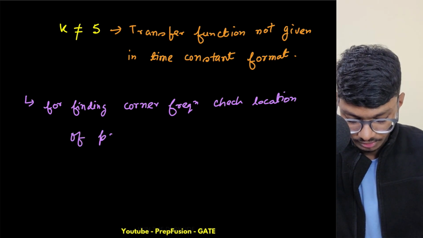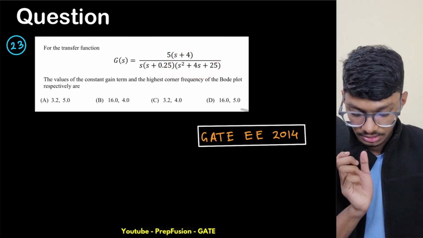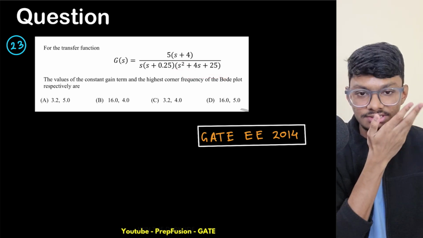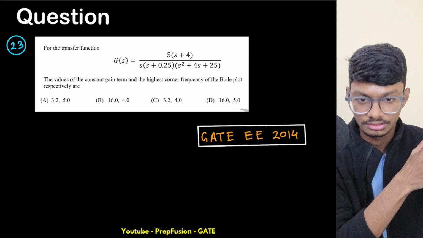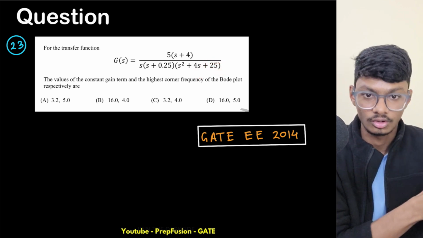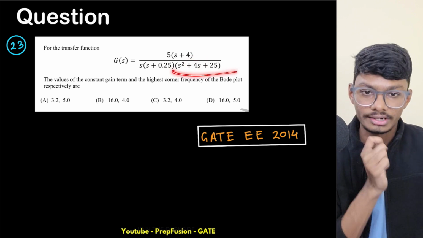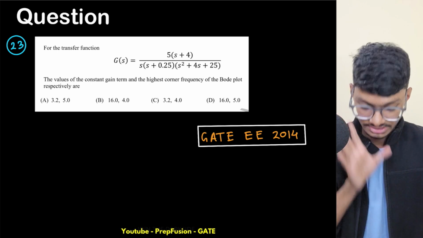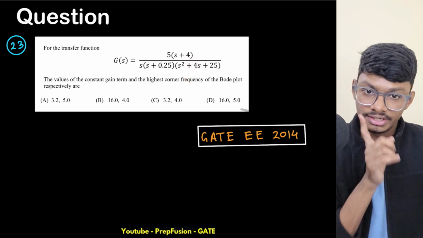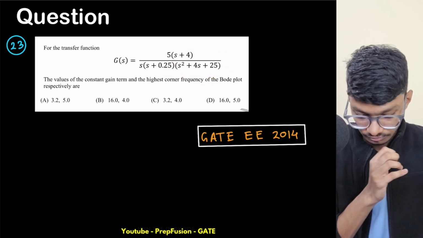Whenever this type of format is given, like s square plus a s plus some constant number, you always check whether the roots are complex conjugate or not. How do you check that? Basically you check the discriminant of this quadratic equation. Just by seeing this you can do it, you don't need to write anything. b square minus 4ac should be greater than 0 for real and distinct roots.